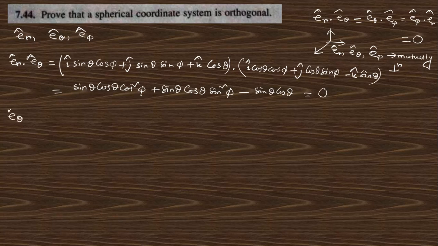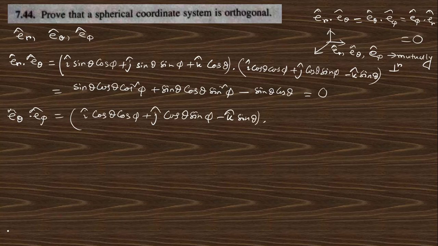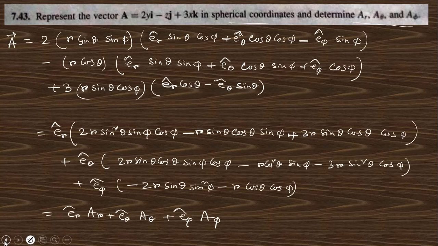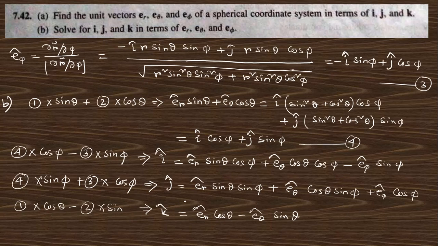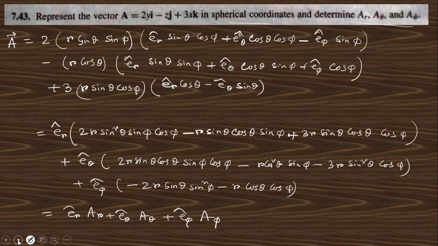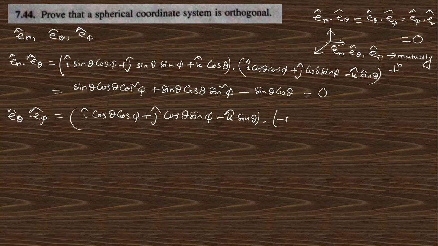E theta dot E phi. E theta is I cap cos theta cos phi plus j cap cos theta sin phi minus k cap sin theta, dot E phi. E phi is minus I cap sin phi plus j cap cos phi.